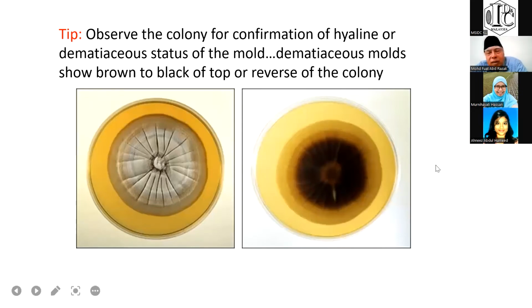It's very important because if you see a dematiaceous mold and after careful observation you don't see conidia, you can subculture this mold onto a better medium on which most dematiaceous molds will sporulate, because we normally isolate fungi from Sabouraud dextrose agar, the most commonly used routine primary isolation medium.